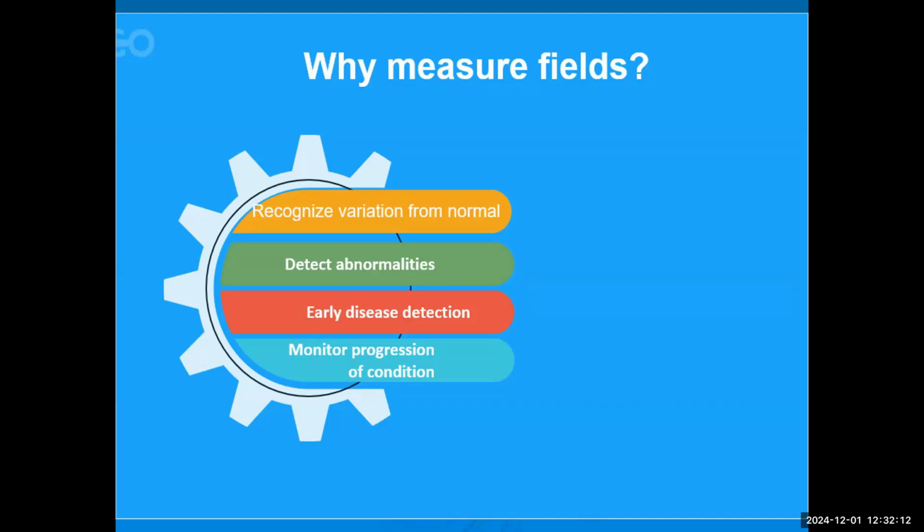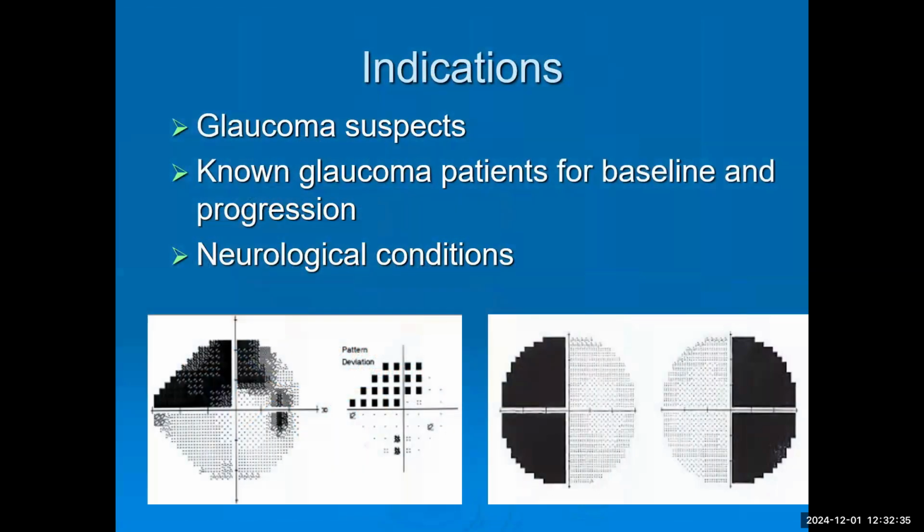Also in known patients, like in glaucoma or neurological diseases, if we keep on regularly doing visual fields, we can make out whether the patient is progressing. Though the intraocular pressure may be normal or the vision is still 6/6, when we see the visual fields, if it is progressing, then we need to change our treatment strategy.